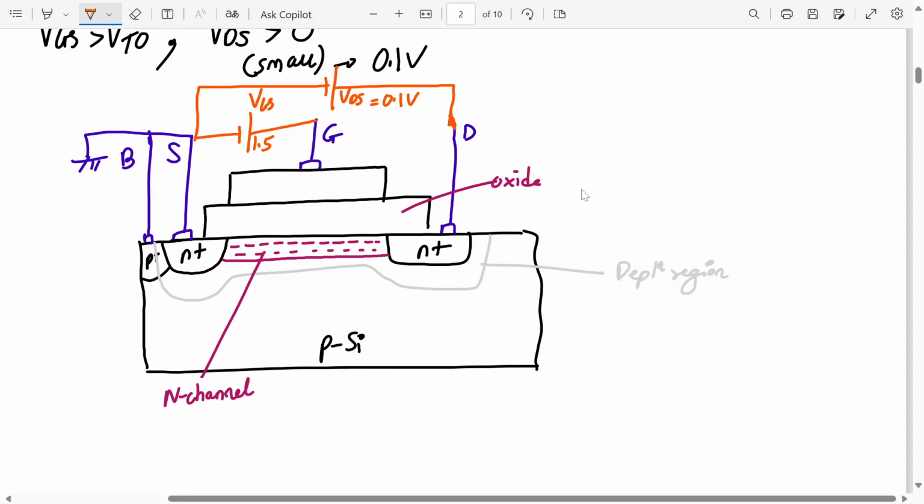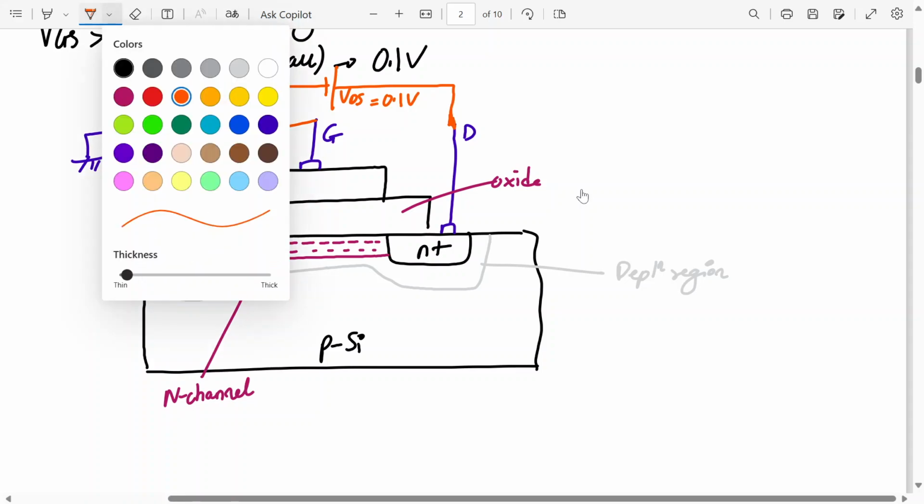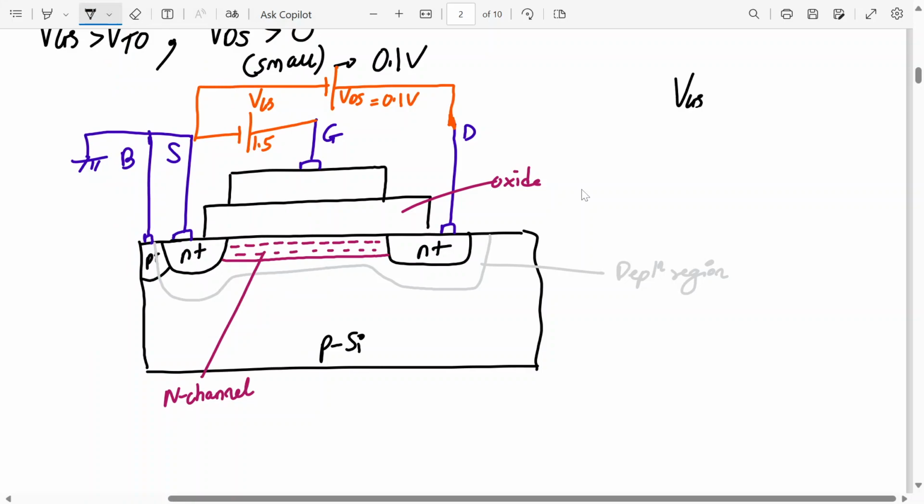In which direction the current will flow, that also we will decide right now. So VGS, here the condition is satisfied. VGS is greater than VTO, so our N channel is formed. N channel is capable of carrying the current.